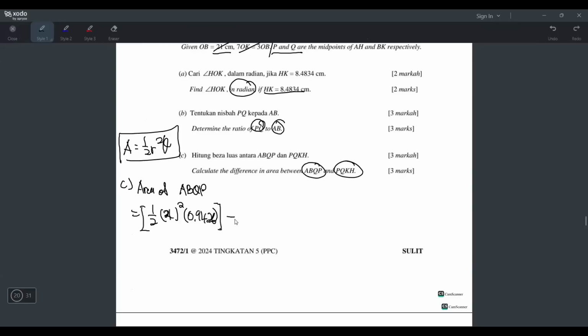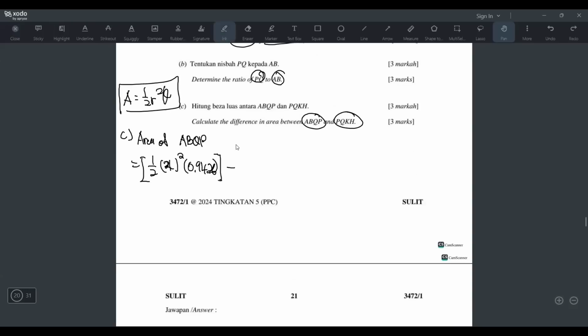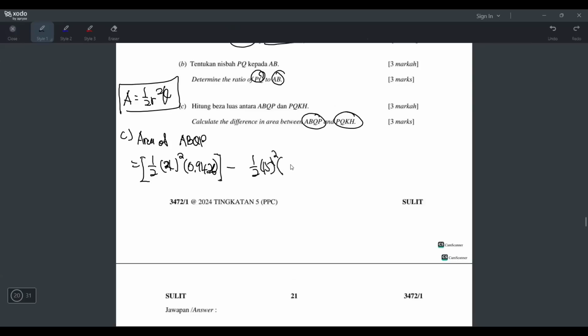Minus the small sector, which is this sector OPQ, right? The OPQ sector radius is 15, but the angle is the same, right? So it'll be 1 over 2, r will be 15 squared, but the theta is still the same, 0.9426, right? And then you just press this whole thing in your calculator.